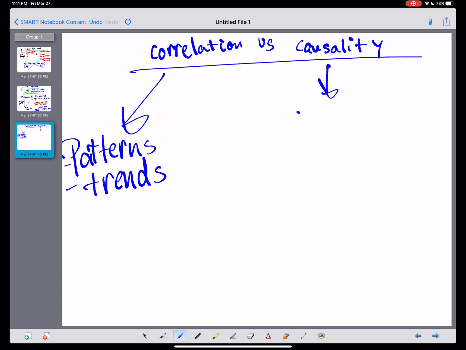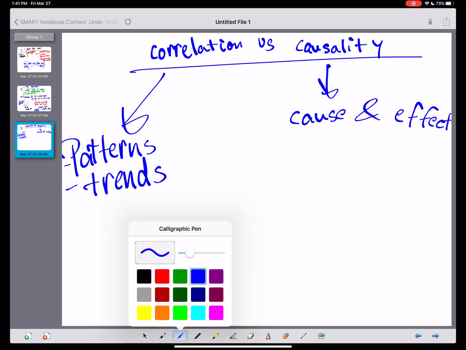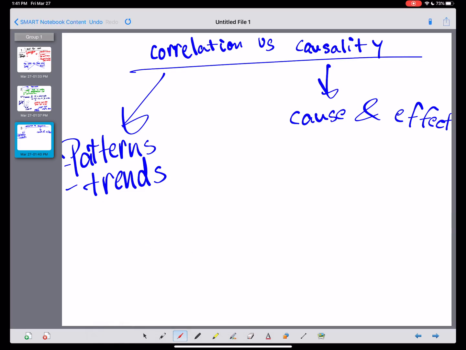Causality is focusing on cause and effect. Just because there is a pattern or trend, just because there's a correlation, does not necessarily mean that there's a causality.